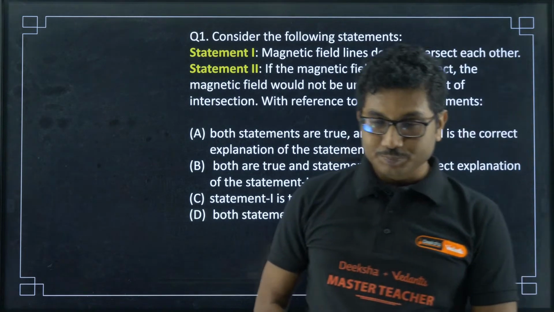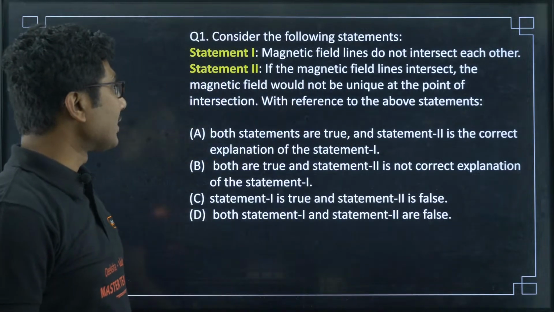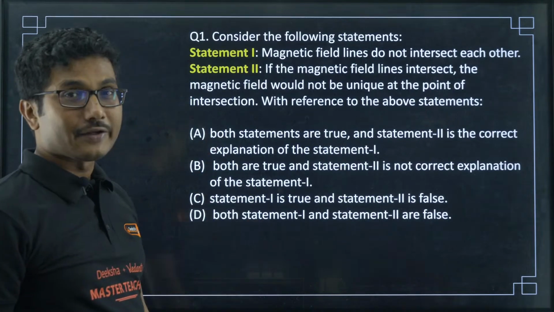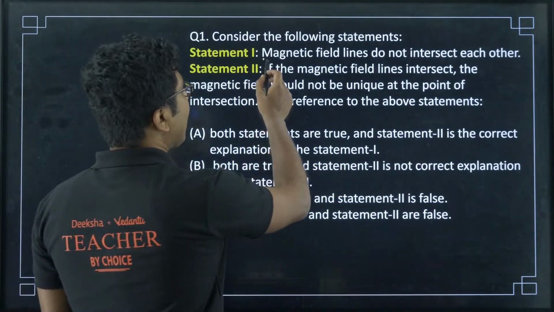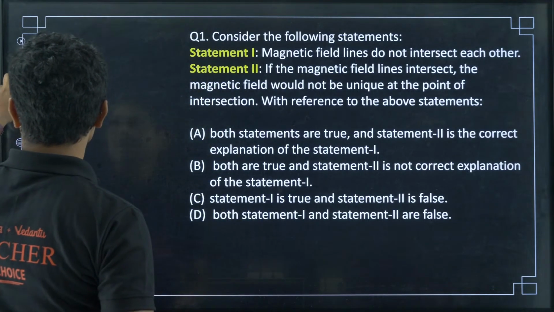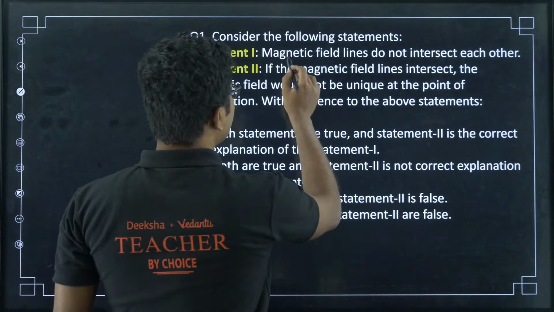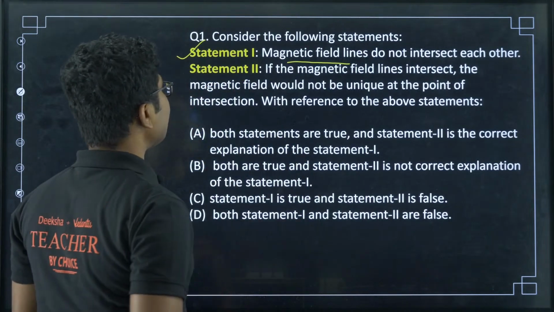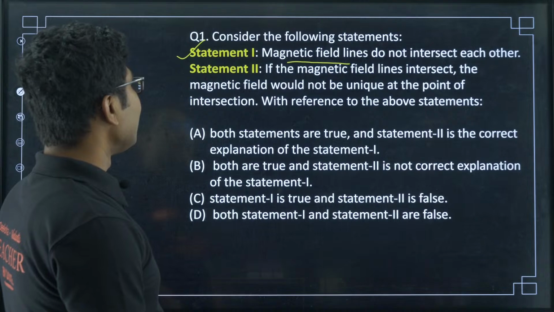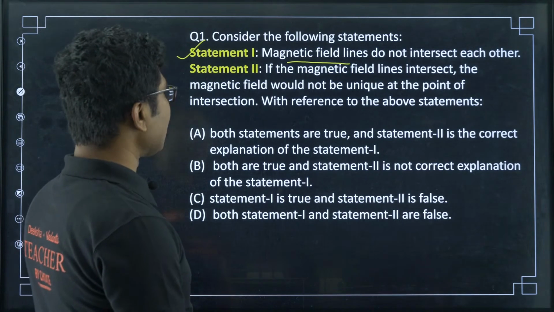First you have to identify whether both statements are correct or not. From the properties of magnetic field lines, we know that magnetic field lines do not intersect each other. We already know that, so this is a correct statement. Now let's see statement 2: if magnetic field lines intersect, the magnetic field would not be unique at the point of intersection.